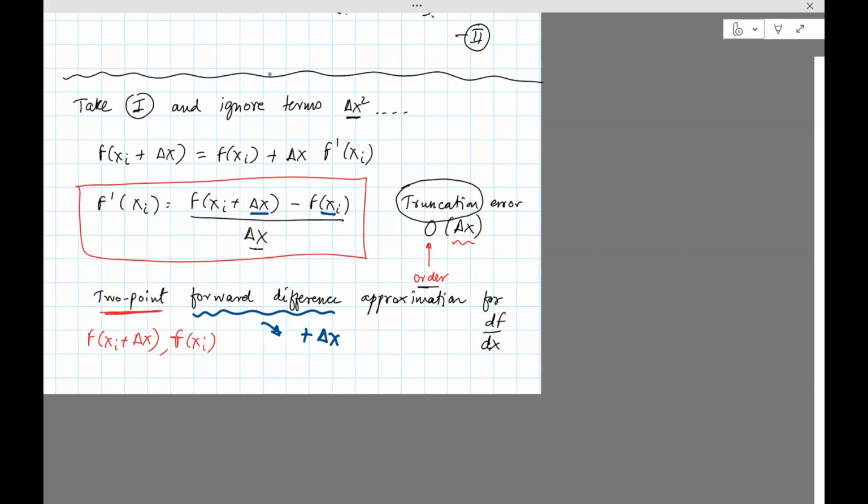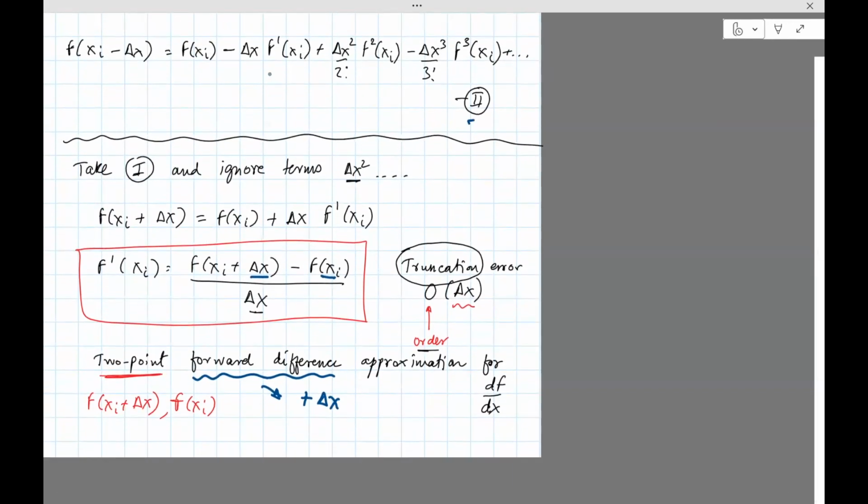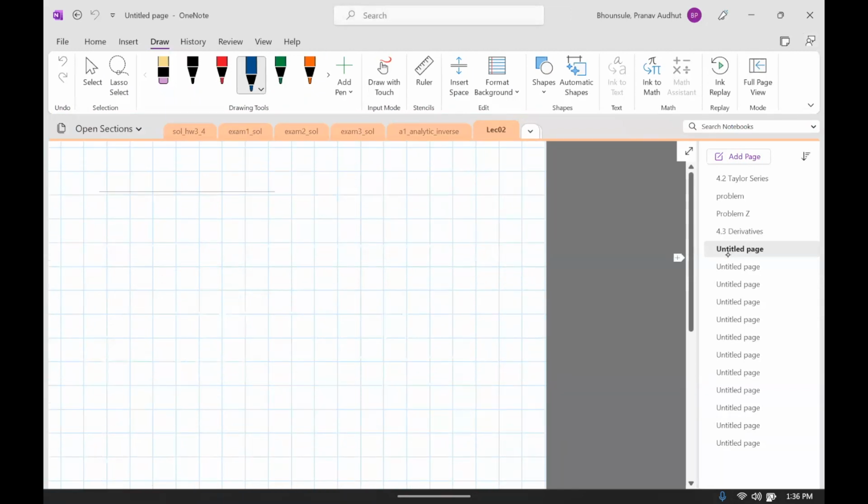Okay, now you can do the same thing for the second equation I wrote down. You can say that I don't care about terms which are delta x square and smaller, so I'll keep only the first 2 terms and try to derive another formula for f prime. So here is another formula.